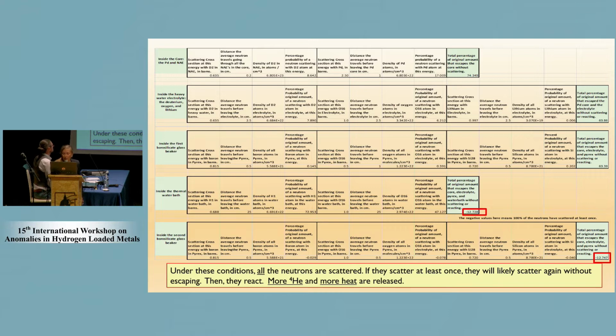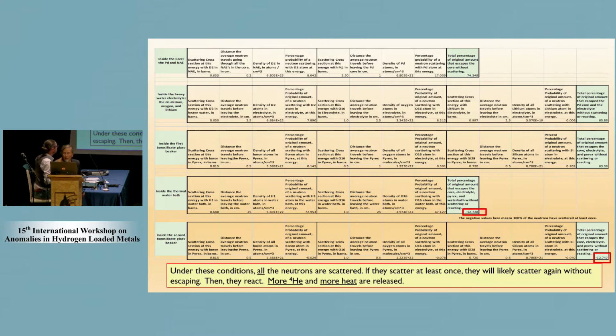As the energetic neutrons move through these layers of the setup, all the elements in these layers are included in the calculation for scattering probability. In green on the right, the total percentage of neutrons that do not scatter is calculated in a running total.